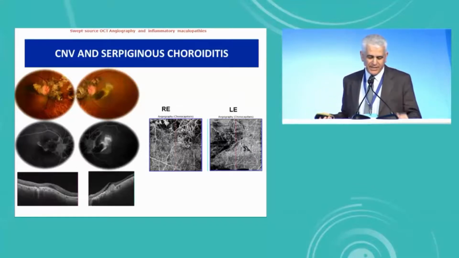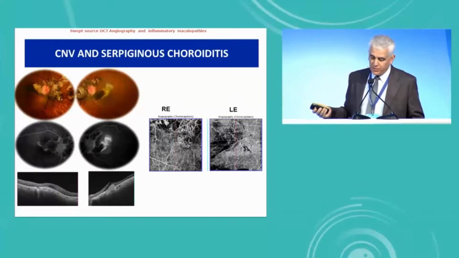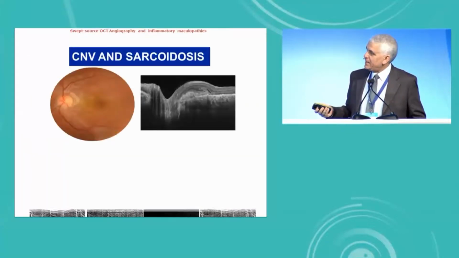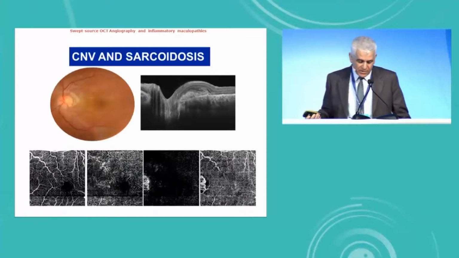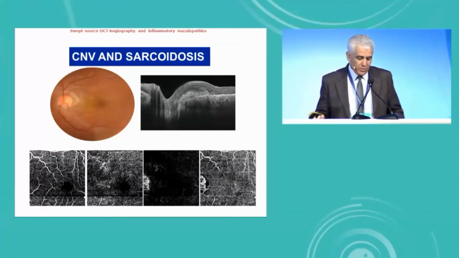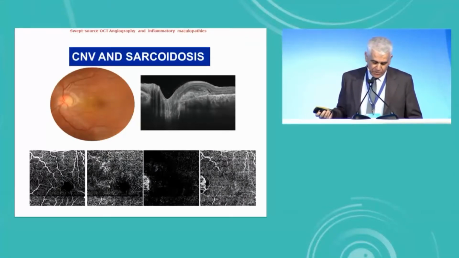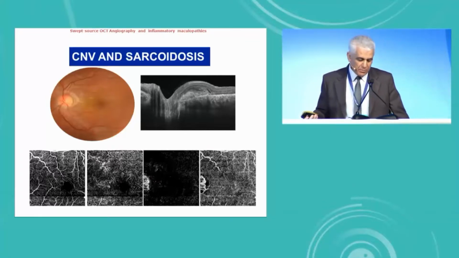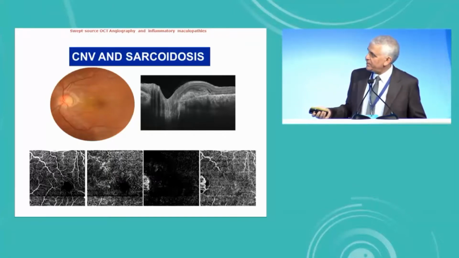Here a case of CNV associated with inactive serpiginous choroiditis, CNV associated with sarcoidosis, you can see the capillary changes in the superficial and deep capillary plexus, as well as the presence of a choroidal neovascular membrane adjacent to the optic disc.